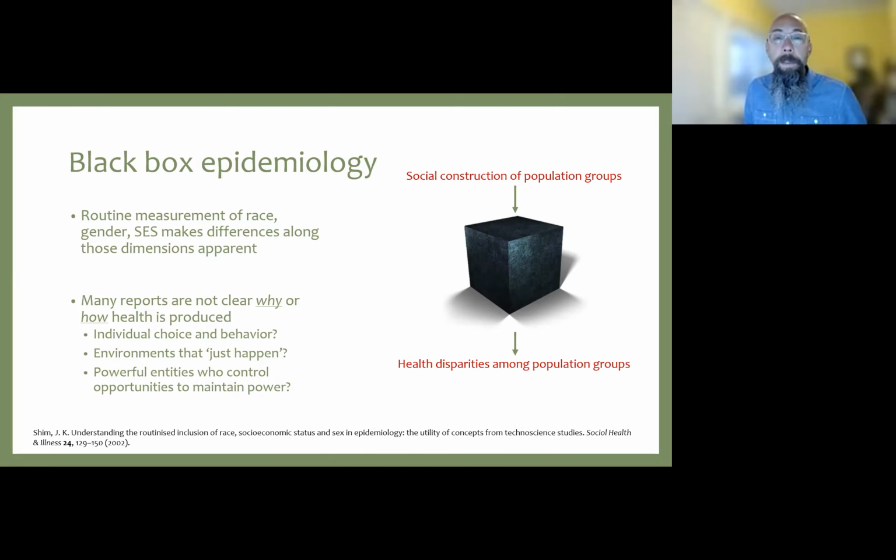And so one of the things that happens is we know that when we're thinking of health equity, we're thinking of gender and sexual orientation and race and ethnicity and cultural and ethnic group membership. Those are socially constructed population groups. By socially constructed, I mean that they didn't just exist from the beginning of time and are built into our DNA.